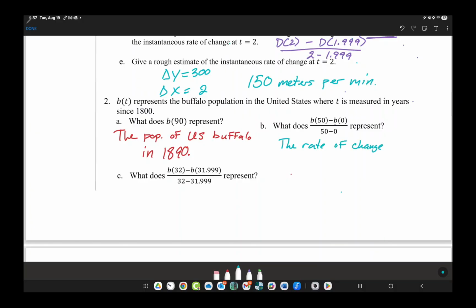Well, let me break it, sorry, because it's not per year, so it would be the average rate of change of the U.S. buffalo population from 1800 to 1850.